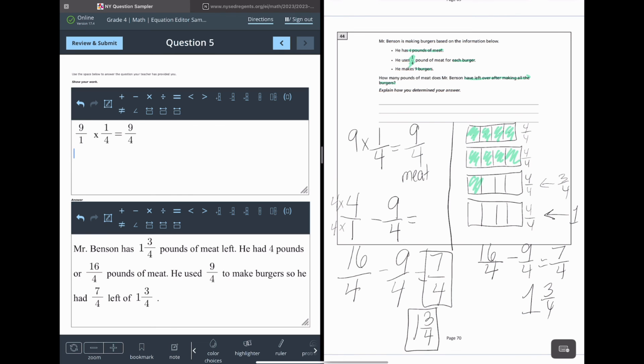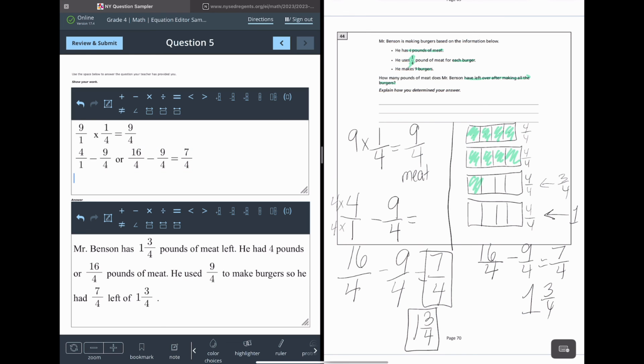Okay, and then I would just go to my next line, and I would just do 4 over 1 minus 9 fourths, or, because I want to show what I changed it to, 16 over 4 minus 9 fourths is equal to 7 fourths.